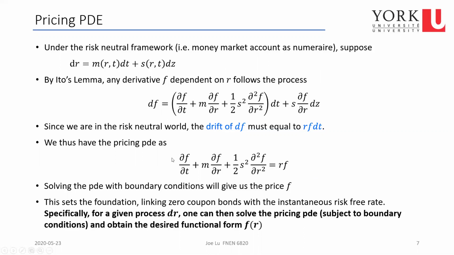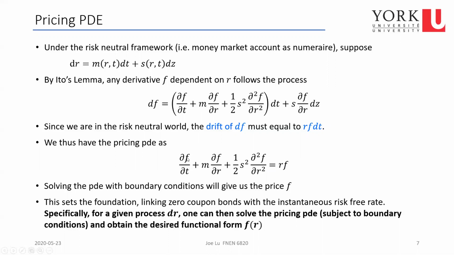And now you've got a partial differential equation that you can solve if you know the boundary conditions to determine the price of the financial asset. Okay, so now you basically have got the fundamental pricing PDEs for interest rate derivatives. Now, if F is a zero coupon bond, you can then determine the price of the zero coupon bond.